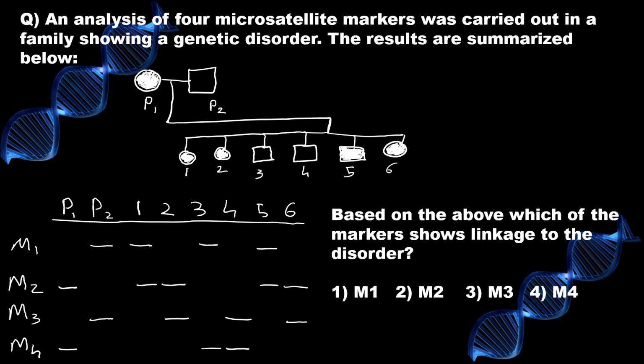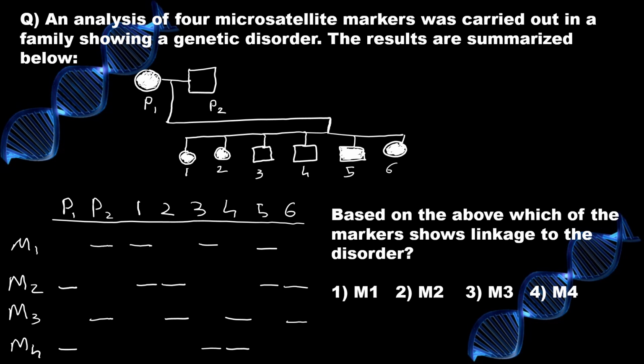The second person is also affected, so he gets bands at M2 and M3. The fifth person is affected and gets bands at M2 and M1. The sixth person is affected and gets bands at M2 and M3.